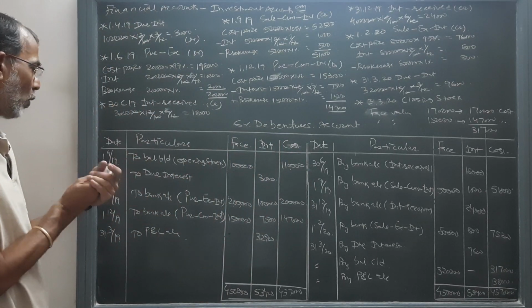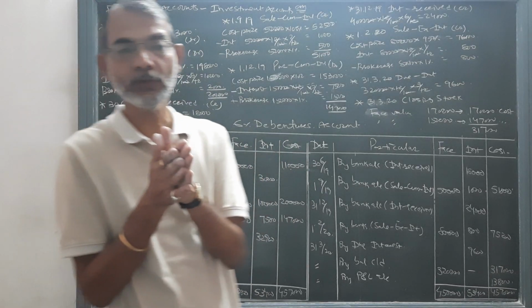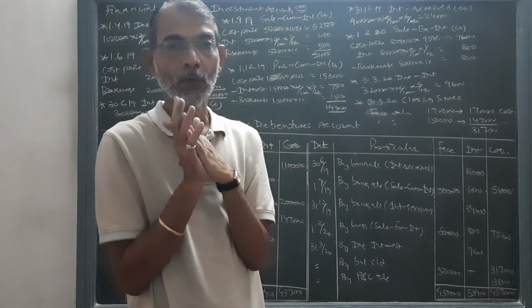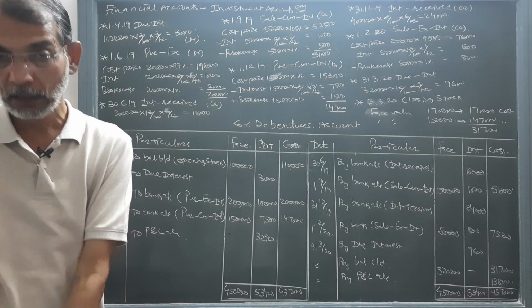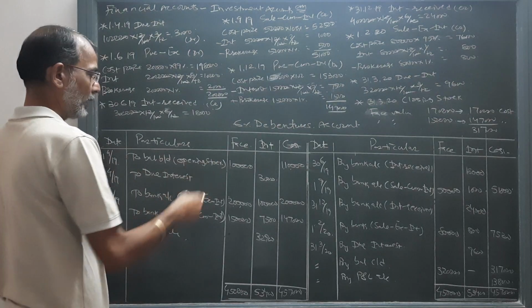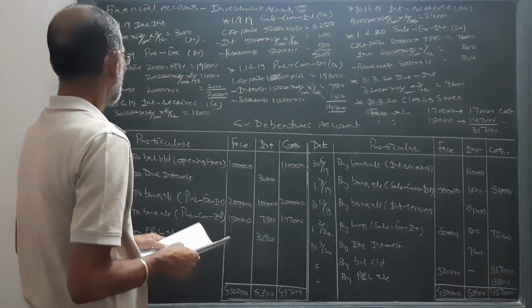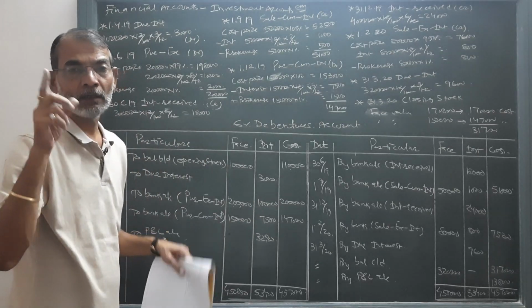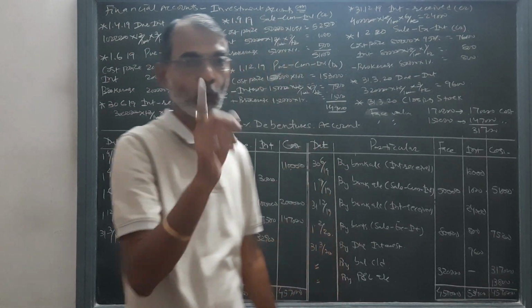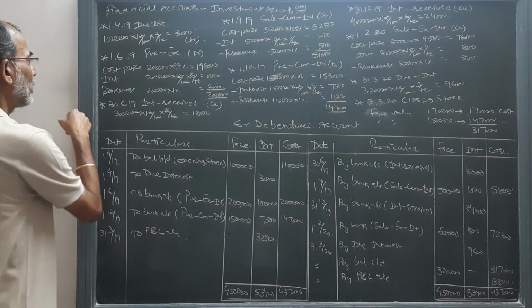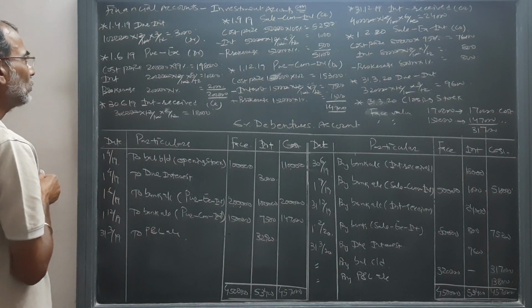First of all, the opening balance of the debentures is face value 1 lakh and cost price 110, that is to be written on the debit side. Now the dates of interest are 30th June and 31st December. So we have to calculate due interest for 3 months.